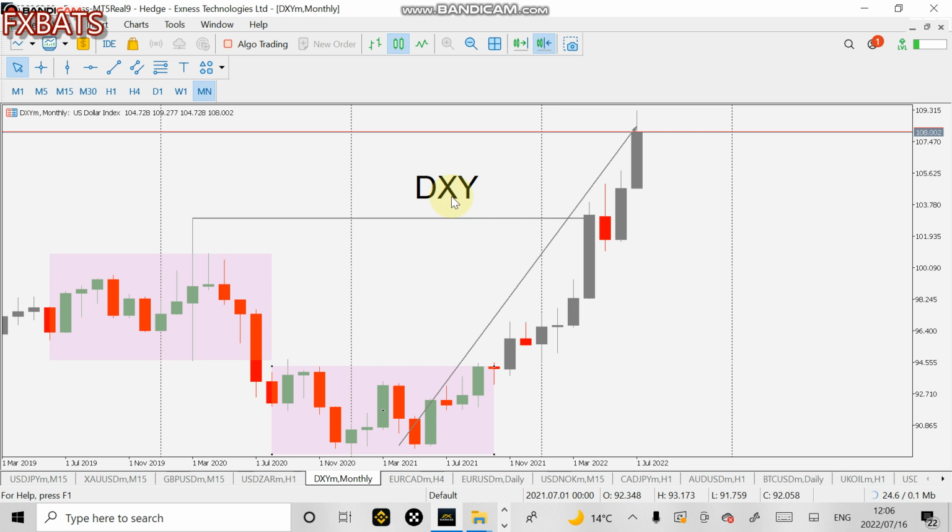Another question, what is the DXY and why is it important? Why do we need the dollar index? One of the most important barometers for global currencies is the dollar index, which measures the value of the US dollar versus a basket of global currencies, for example the Canadian currency and the Japanese currency.